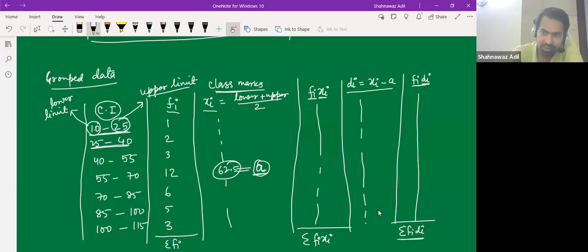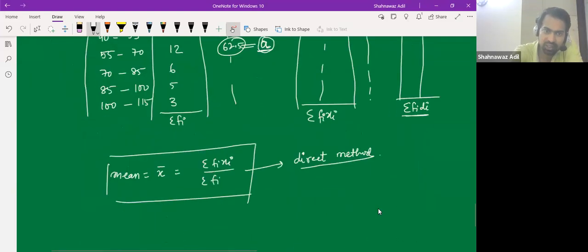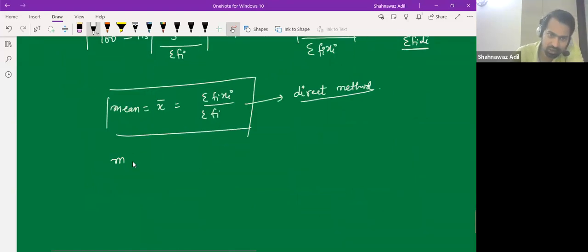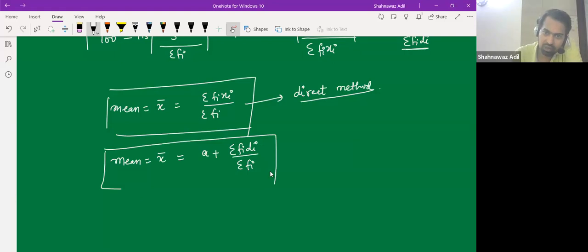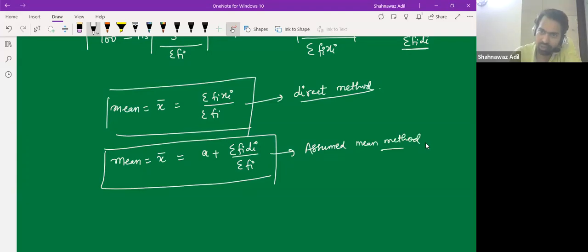And then from this method, we calculated the mean again, which is x bar, which is A plus summation of fi di divided by summation of fi. This method we called the assumed mean method. Up to this point we did in the previous class, right, guys? Right, everyone?